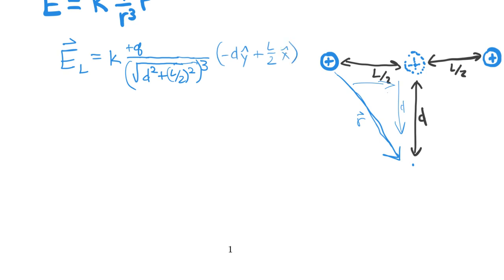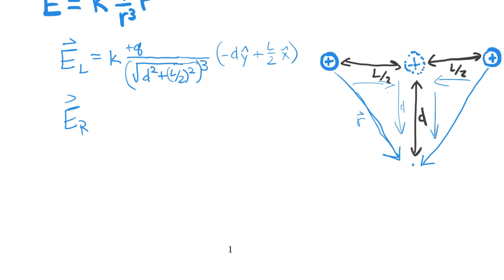And then if we want to find the electric field from the right charge, so from the charge over here on the right, we need to do the same thing, but consider the vector like this, which you'll notice has the same length as that one. The only difference is that the x component is now to the left, so that's the negative x direction.